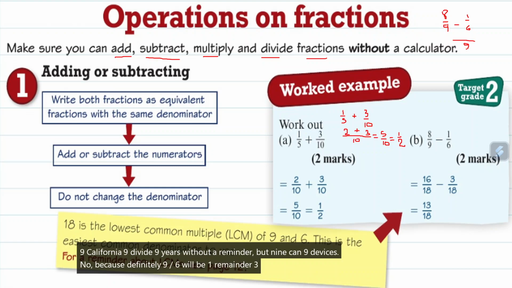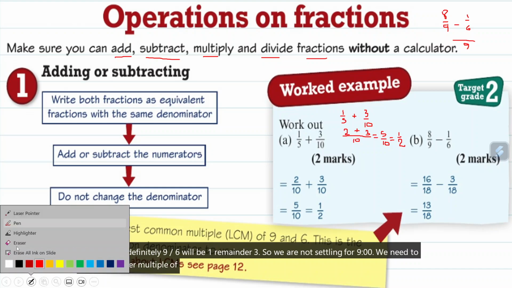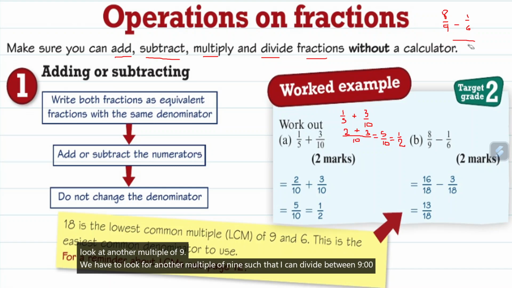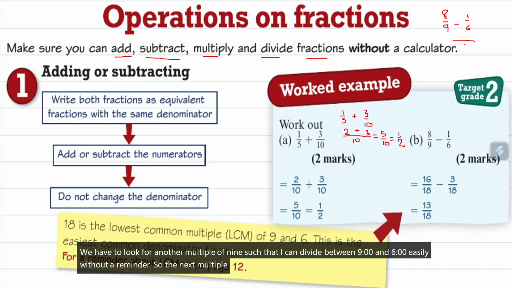So we are not settling for 9. We need to look at another multiple of 9 such that I can divide between 9 and 6 easily without a remainder. So the next multiple of 9 is 18.